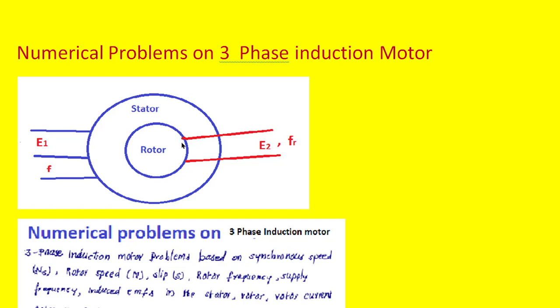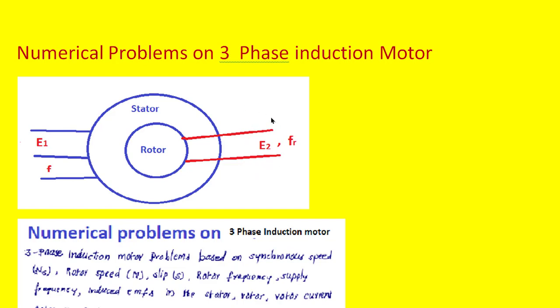A three-phase induction motor basically consists of two parts. One is called the stator, the other is called the rotor. The stator is always connected to a three-phase AC supply, whereas rotors are of two types. One is called the slip ring type of rotor, in which the windings are also extended to external resistances.